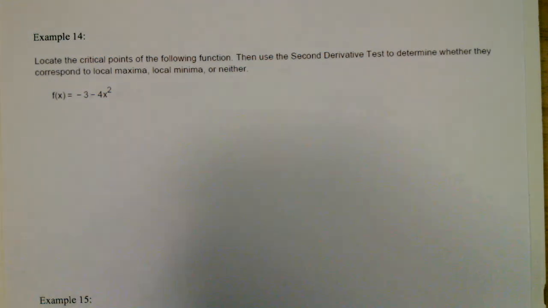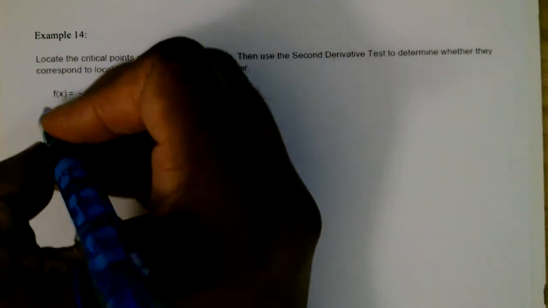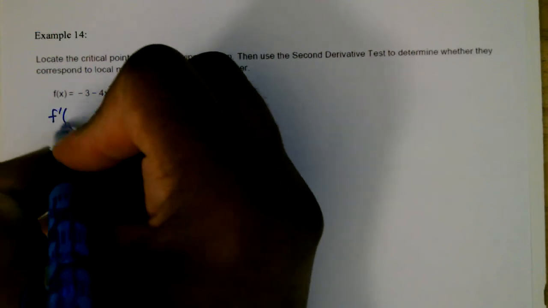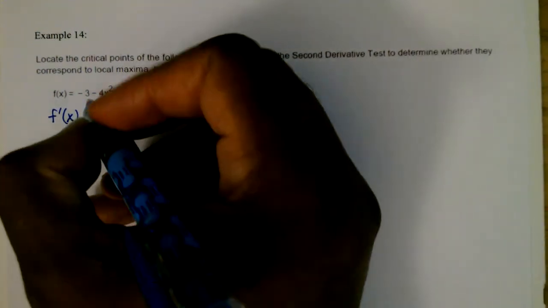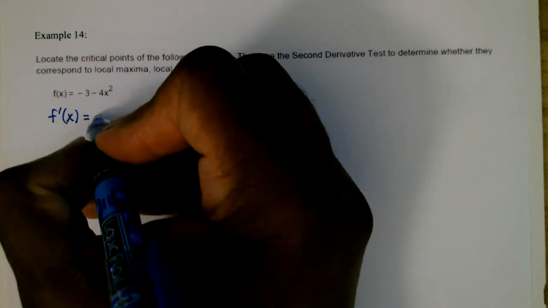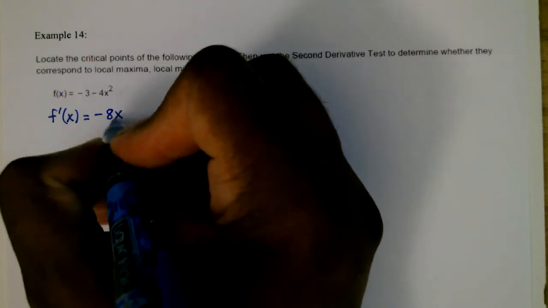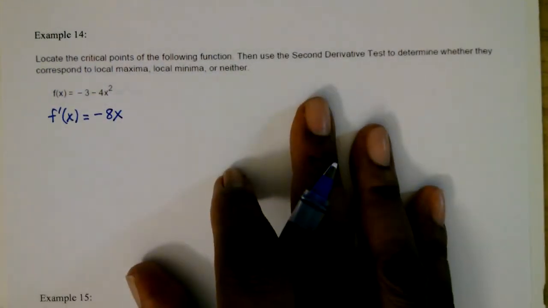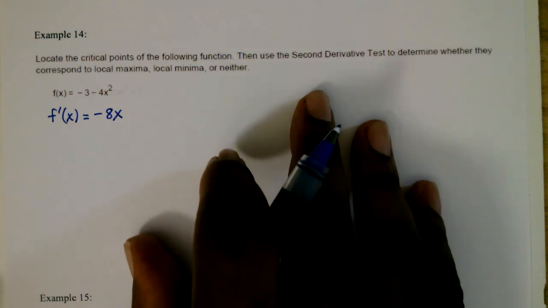All right, let's find out what f prime of x is going to be. The derivative of negative 3 is 0. The derivative of minus 4x squared will be a minus 8x. So f prime of x will be negative 8x.